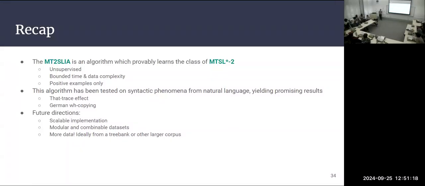Right now, everything I have is painstakingly curated by me personally. Ideally, I would eventually move to a treebank or larger corpus. It will probably require some formatting work to deal with the way that syntactic corpora look. But ideally, the next steps mostly involve scaling this.